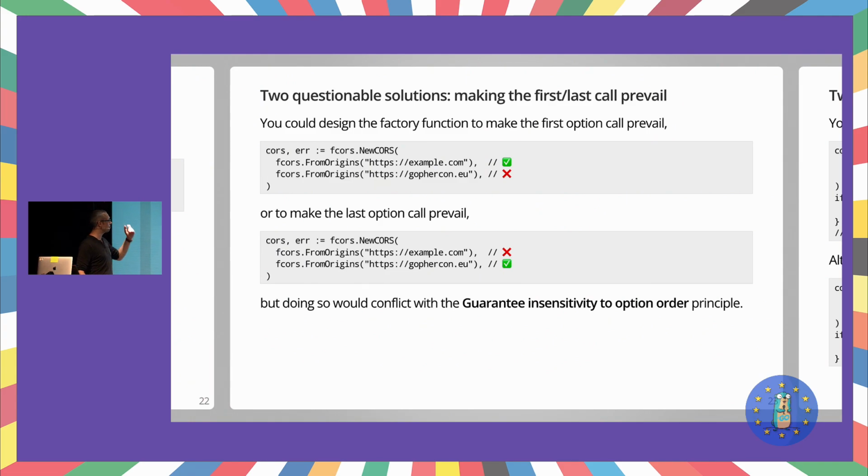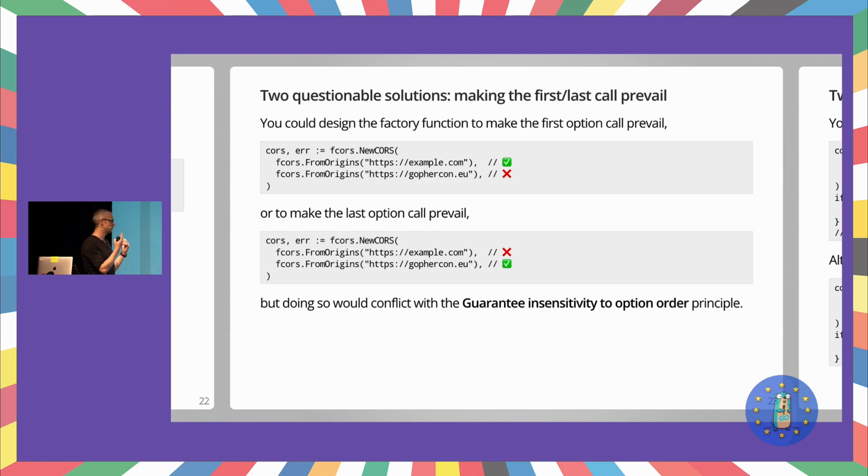You could say, OK, this user has called the same option, the same FromOrigins option twice, so I'm just going to retain the first one and ignore the second one. Or vice versa, you could say, I'm going to ignore the first one and just honor the last one. But if you do that, you're violating the previous principle that says order shouldn't matter. OK?